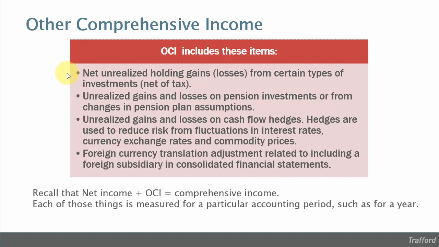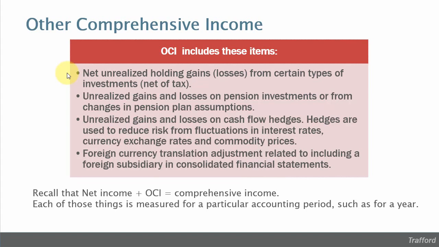Let's say that they paid $100,000 for those bonds, and at the end of the year those bonds are worth $105,000. The company would have what we would call an unrealized holding gain of $5,000. The bonds would show up on the balance sheet at $105,000 because generally accepted accounting principles would require them to show up on the balance sheet at their current value.